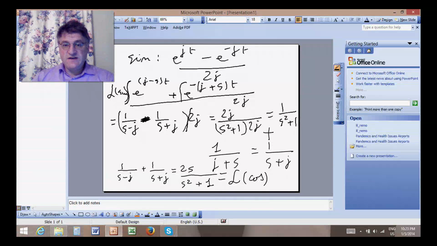By the way, let me go back here. This is not the Laplace transform of the cosine unless we remove the 2 here.